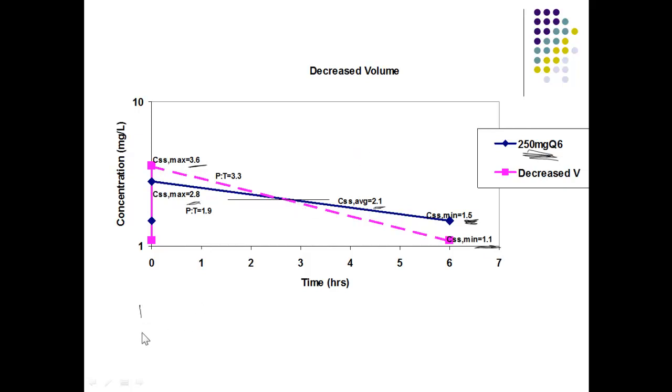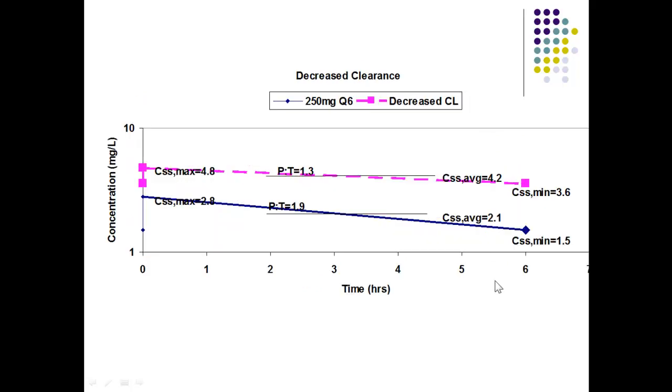And the reason is because remember our equations, if we change our volume, we have to change our K, but our CSS average is not affected by a change in volume. See, that's why our CSS average is the same. So if we see all of a sudden that our min is getting lower and our max is getting higher, we know that there has been a change in the patient's volume.